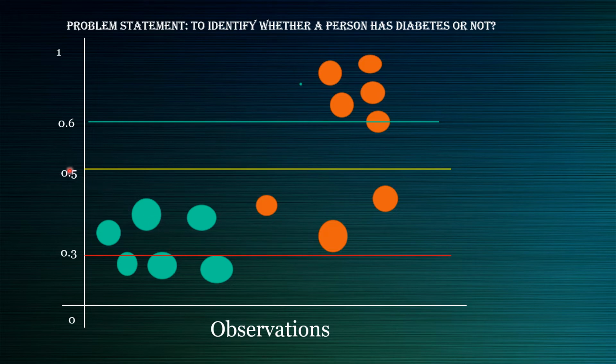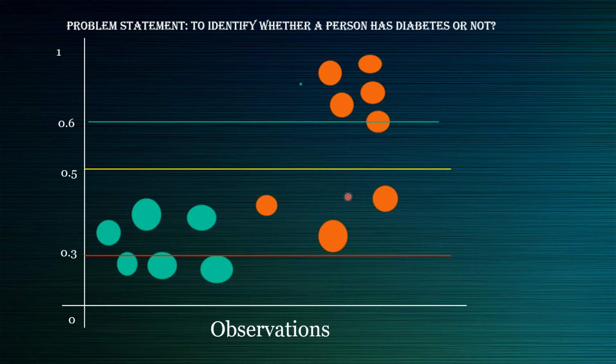Now, when the threshold is at 0.5, the orange dots above the threshold are true positives. And the orange points below the threshold are false negatives.